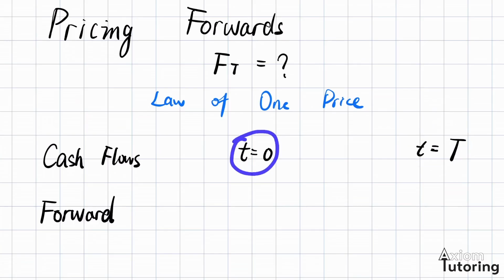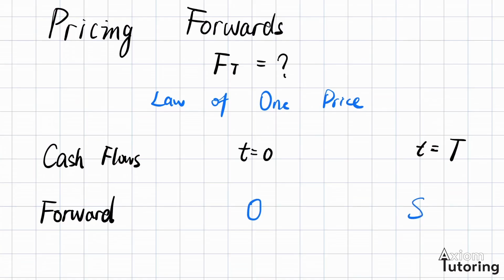With the forward contract, we need to specify two different time periods here. At the inception of the derivative, or at time zero, there is no cash exchange, as we have seen from the definition of forward. But what is going to be the payoff if you are the long position for the forward contract at time T, which is the maturity here?